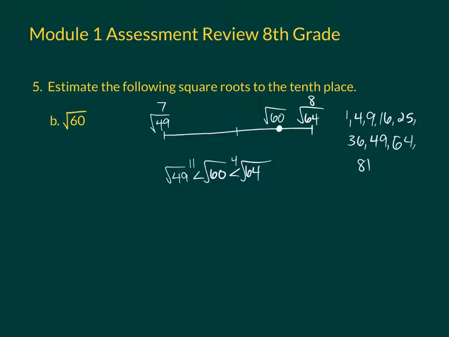So this middle point would be 7.5. We know it's more than 7.5, so it's closer to 8. I would say about 7.7 would be a good estimate for the square root of 60, or 7.6 or 7.8, but 7.7 is a pretty good estimate. And that is it for number 5.